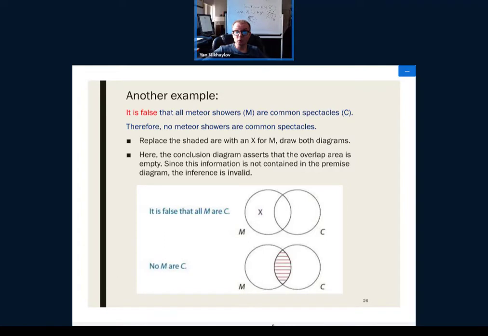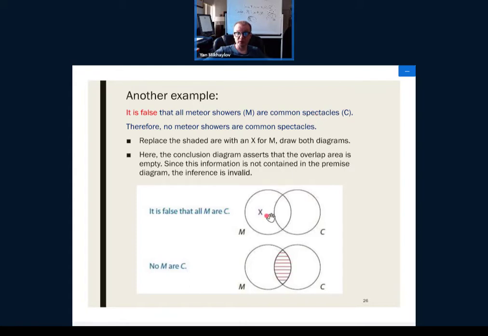Another example: how could it look if it was invalid? It is false that all meteor showers are common spectacles, therefore no meteor showers are common spectacles. You want to test that. What do you need to replace? All meteor showers are common spectacles would have shading in part 1.